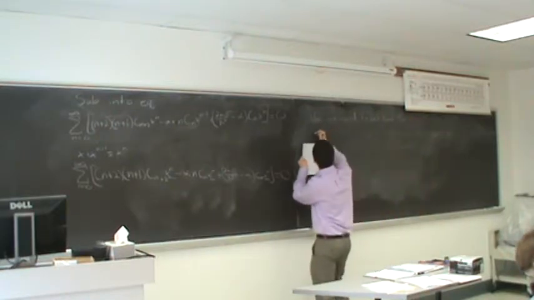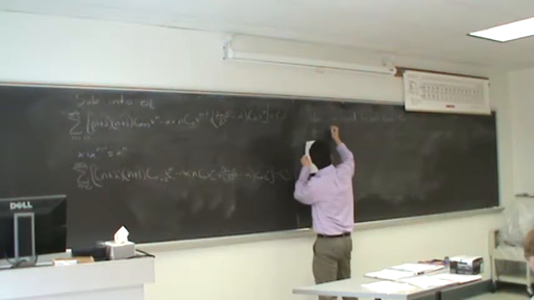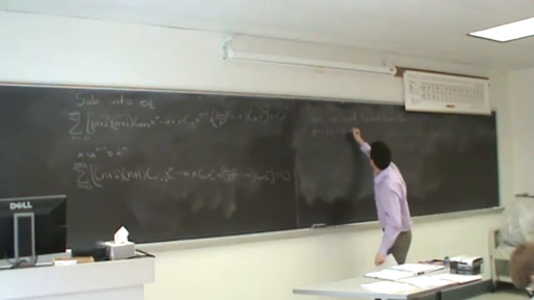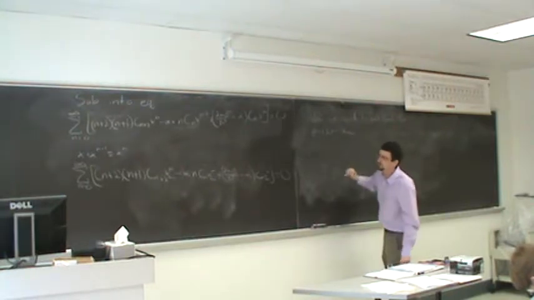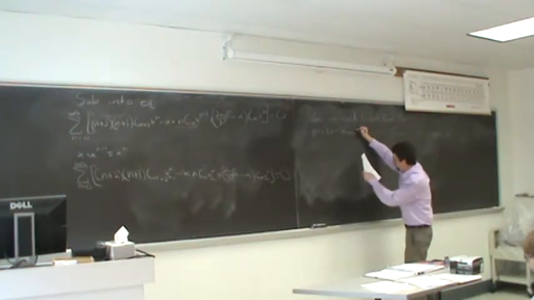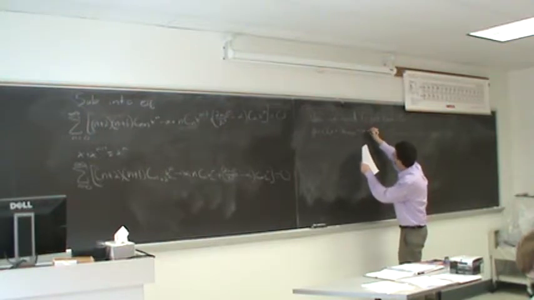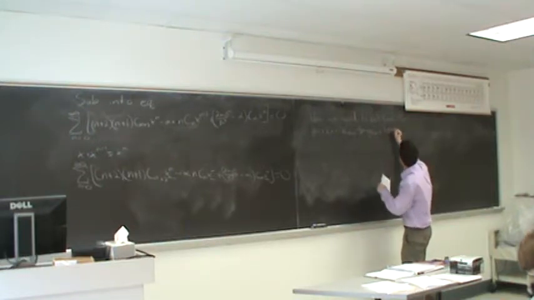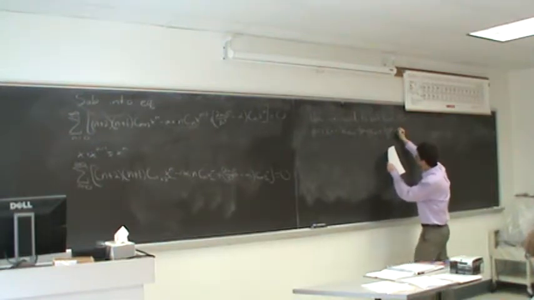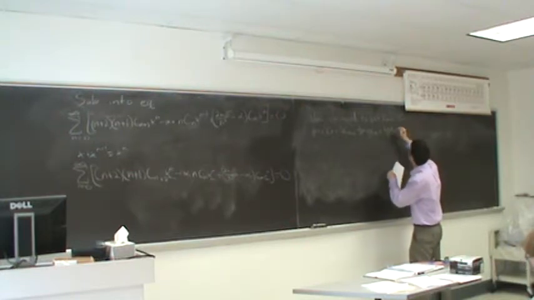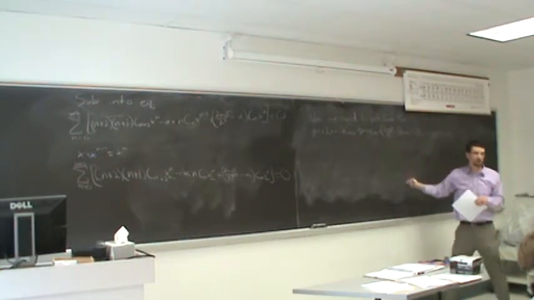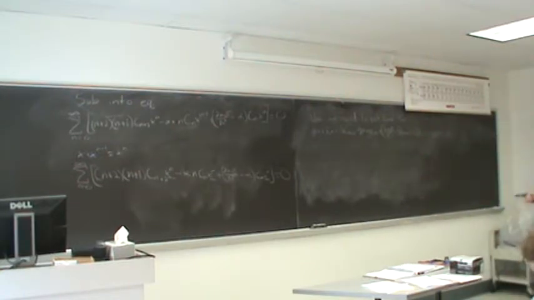So we have n plus 2, n plus 1, c sub n plus 2. We don't have to worry about that x to the n. Then we get negative alpha n c sub n plus 2me over h bar squared minus alpha c sub n equals 0. We could combine these, but we're not going to worry about that right now.